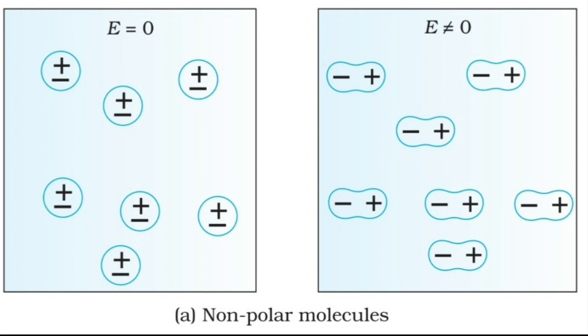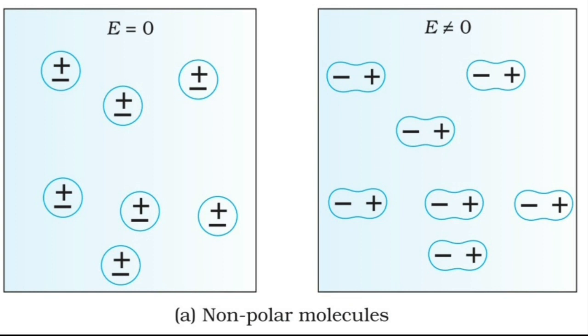As you can see from the figure, the positive and negative parts, their centers of mass, coincide, and hence the individual molecule has no dipole moment in the absence of an electric field in the case of non-polar molecules.